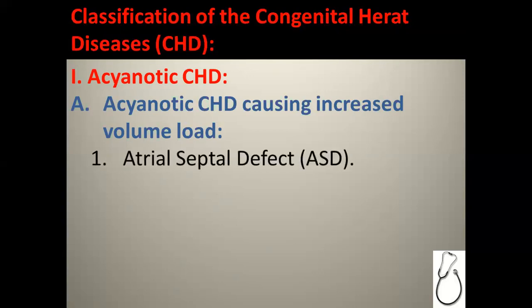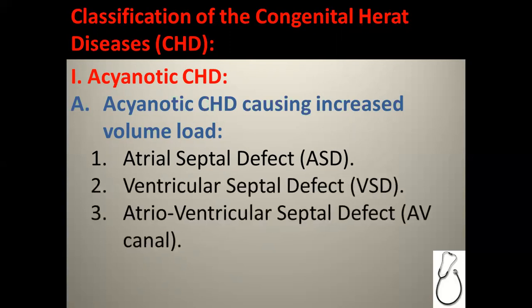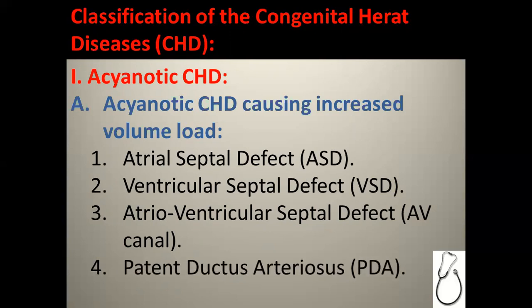These include atrial septal defect, what does increased volume load on the heart mean? These include atrial septal defect, ventricular septal defect, atrioventricular septal defect, which we call AV canal or Cushing defect, and patent ductus arteriosus.